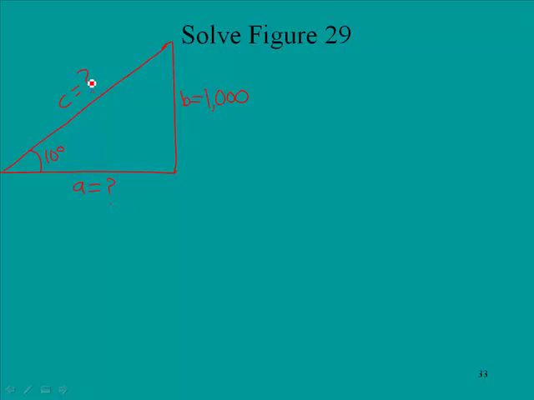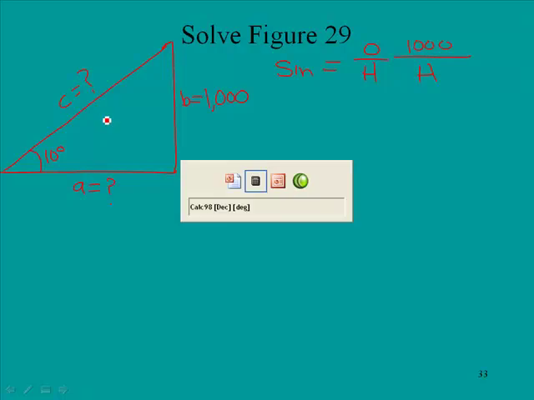We're given the opposite. Why don't we use the sine? Sine equals the opposite over the hypotenuse. The opposite we're given is 1,000, and we're solving for h. So our sine is 10, we have a 10-degree phase angle.